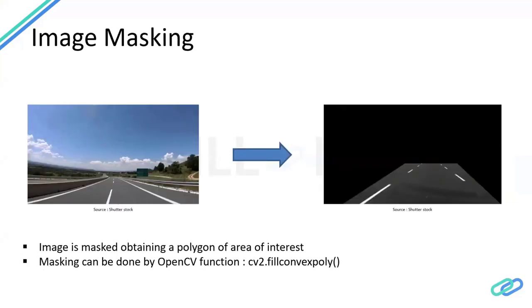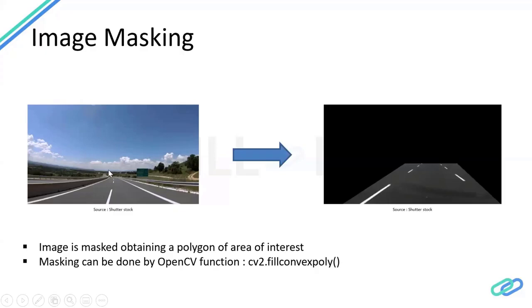In this case, you see that for detecting the lane, we are not really interested in regions such as the sky, the roads, the signboards, and the dividers. We are not interested in any of these to detect the lane.